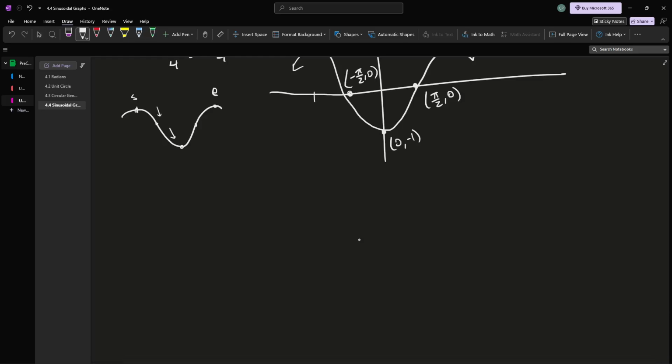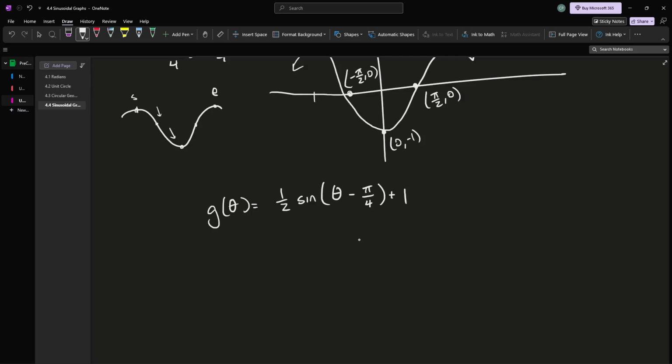G of theta equals 1/2 sine of theta minus pi over 4, plus 1.